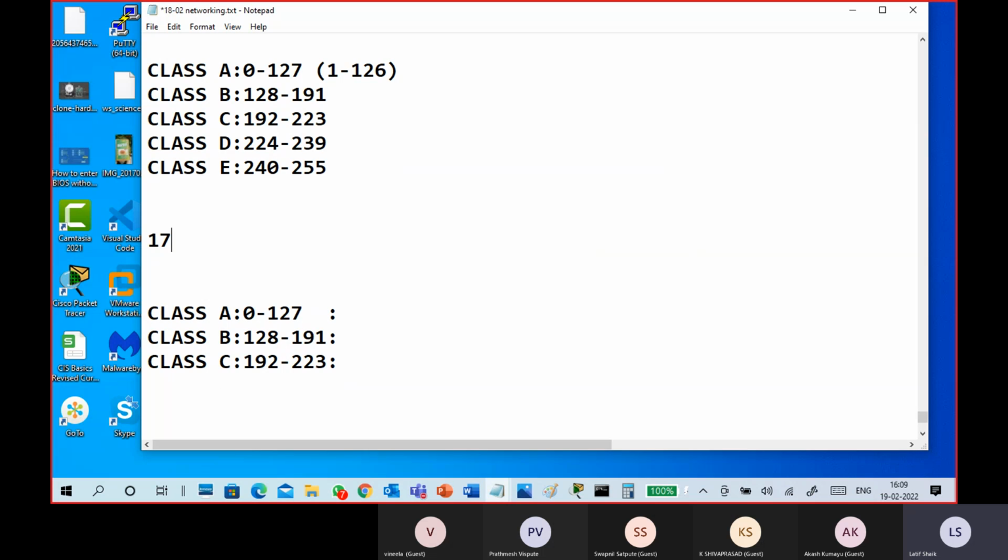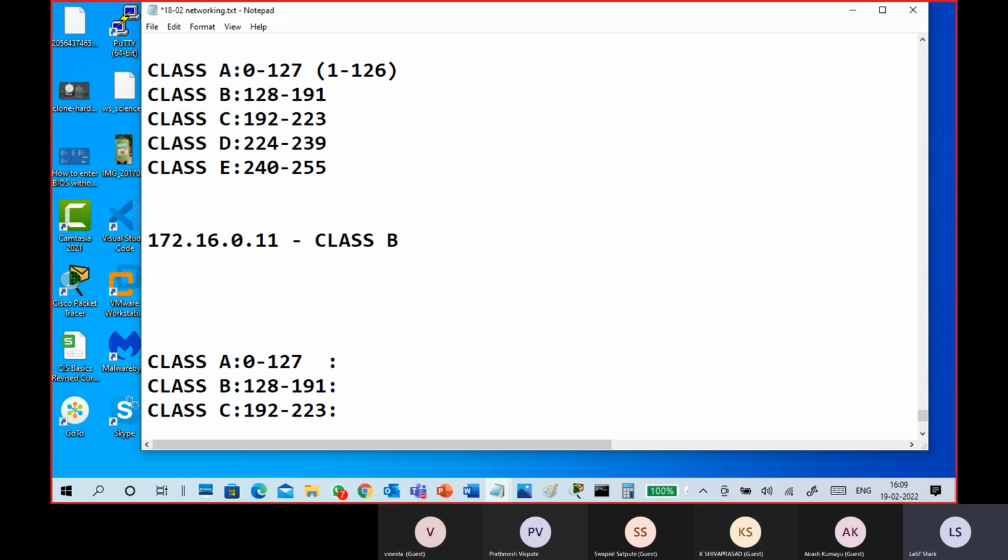For example, 172.16.0.11, which class is it? Class B. What about 110.10.100.240?